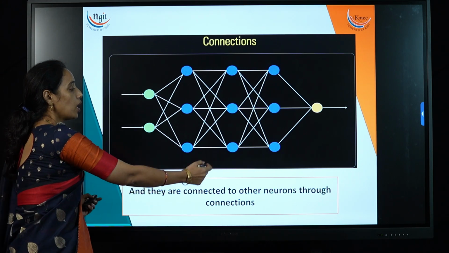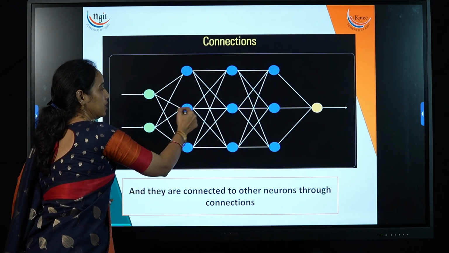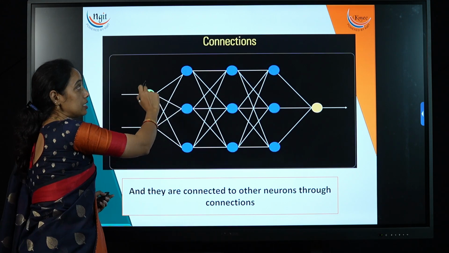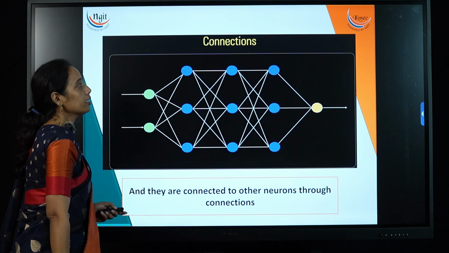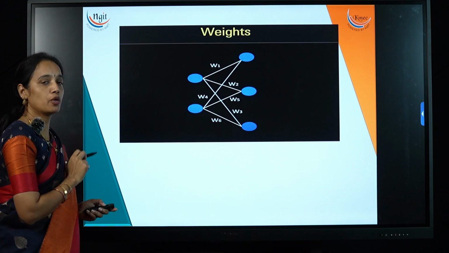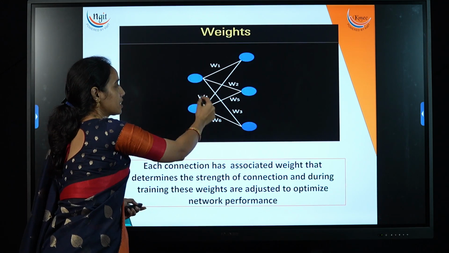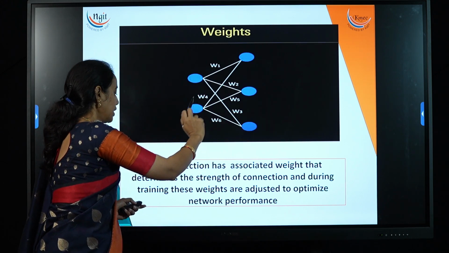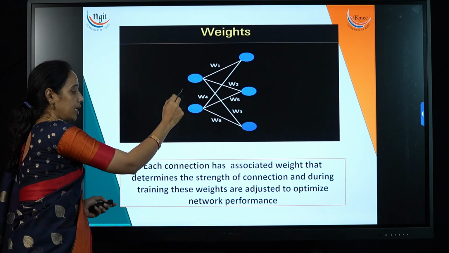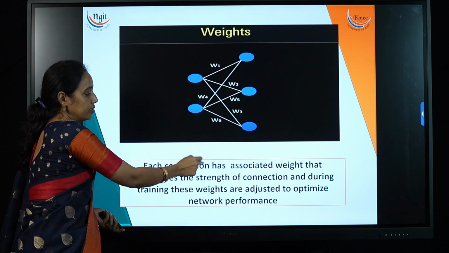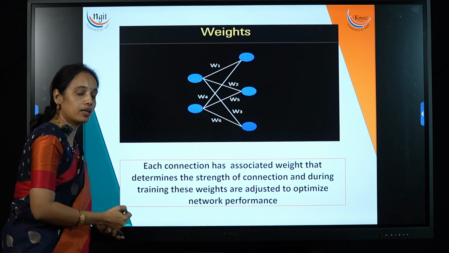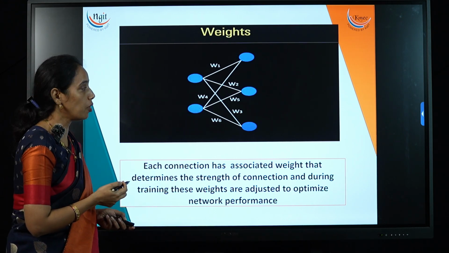They are connected to other neurons through connections. Each connection has an associated weight that determines the strength of the connection, and during training these weights are adjusted to optimize the network performance.